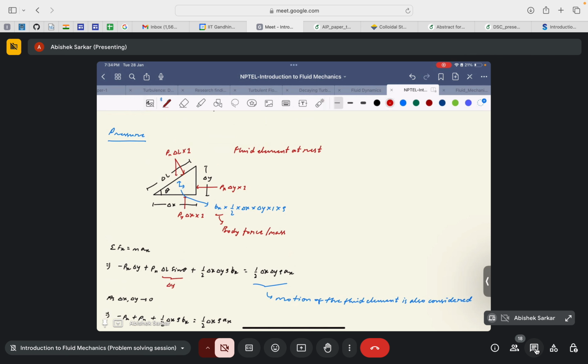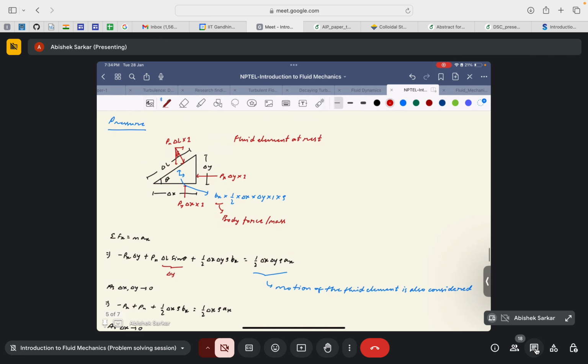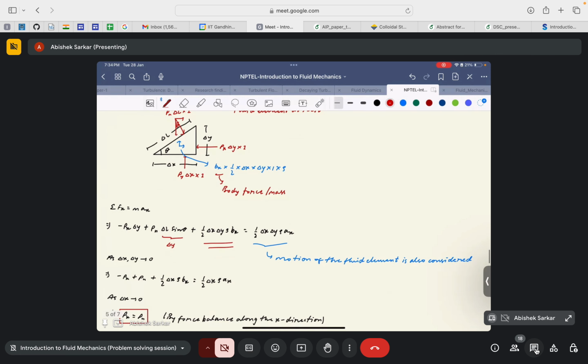So this is theta. So Pn into delta L sine theta plus half into delta x into delta y into rho bx, that is the body force along the x direction, would be equal to half into delta x and delta y into rho ax. Okay, the mass into the acceleration along the x direction.